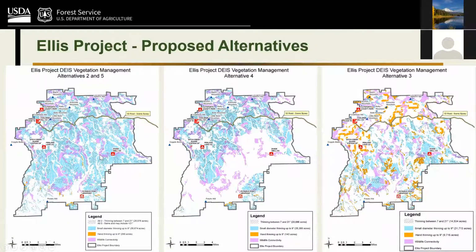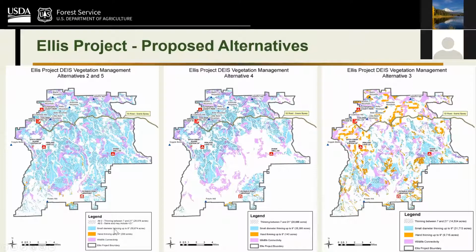And you can see that there's not a lot of proposed chainsaw treatment out there with hand thinning, except in alternative 3, right around those values at risk, because alternative 3 was that emphasis on dry forest. So most of the treatments are down where it's dry, versus in the northern part of the project area where it is moist and cold forest. But we wanted to make sure we treated at least a little bit around those values at risk.